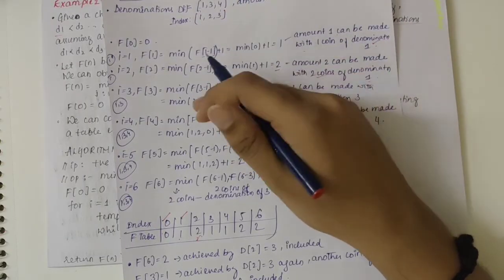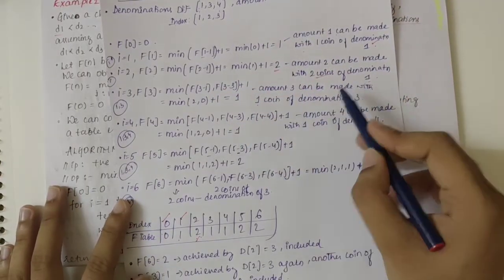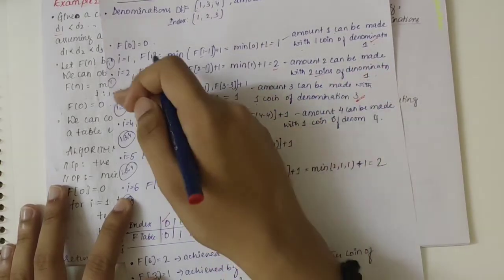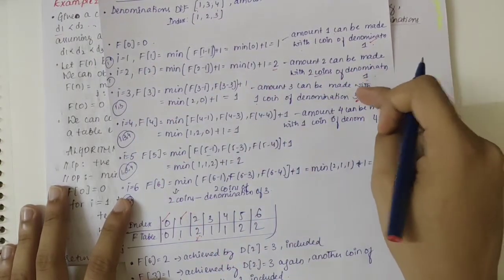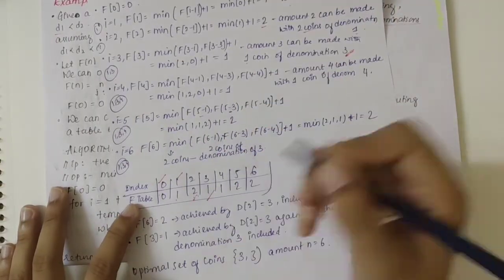Minimum of 2 comma 0 is 0, plus 1 is 1. That is, amount 3 can be made with one coin of denomination 3. I hope you have understood this particular statement. Here we are considering 1 comma 3, so only one coin is sufficient to make the amount 3. We have written 1 here.